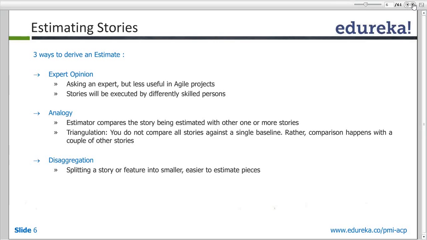Somebody who is a domain expert, or has been in this area for a long time, and using his experience we can get the estimation. Right.